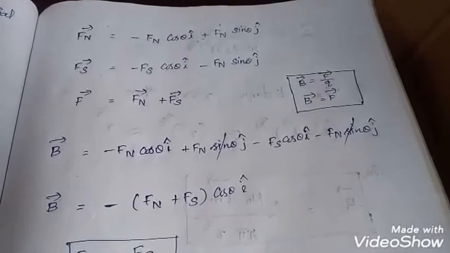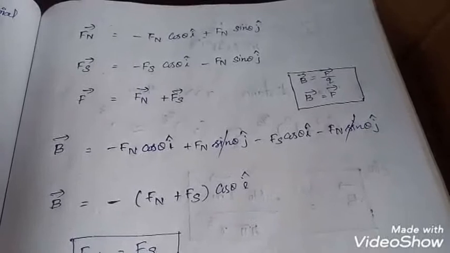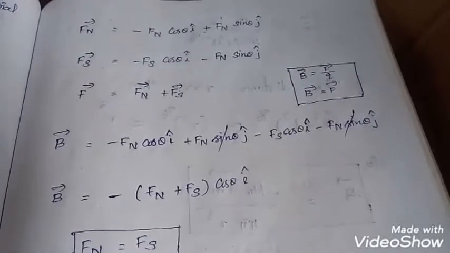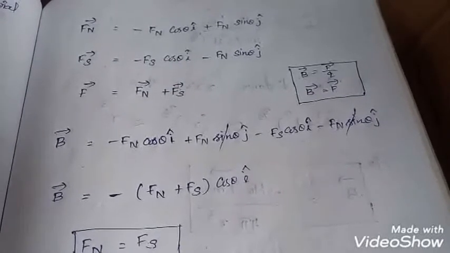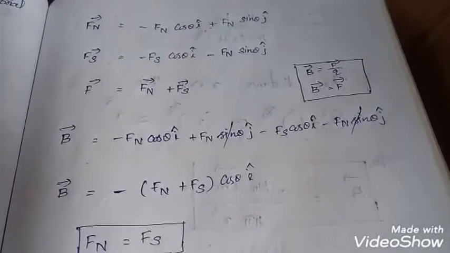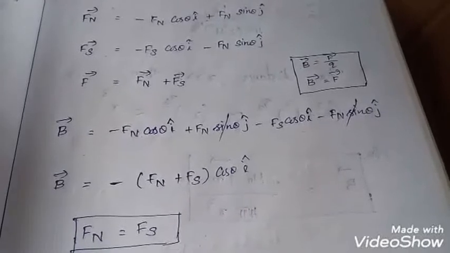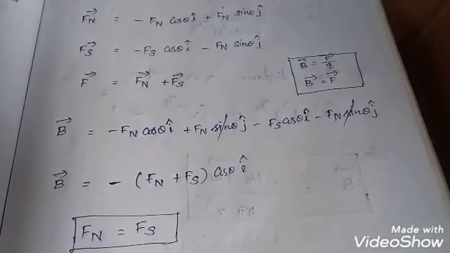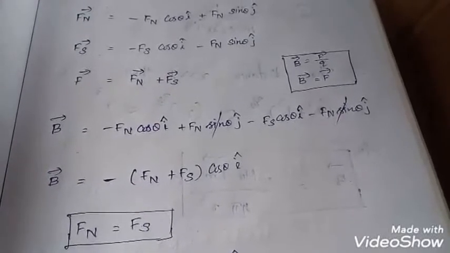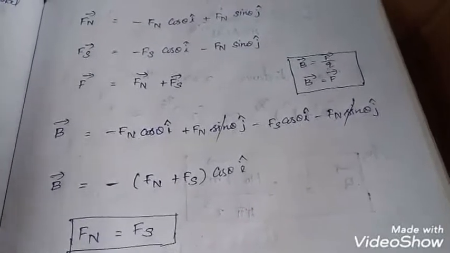Now we find the total force, that is F vector equals Fn vector plus Fs vector. Already we know that magnetic field and force are equal, so we add the Fn and Fs vectors. So B vector equals minus Fn cos theta i cap plus Fn sin theta j cap minus Fs cos theta i cap minus Fs sin theta j cap.